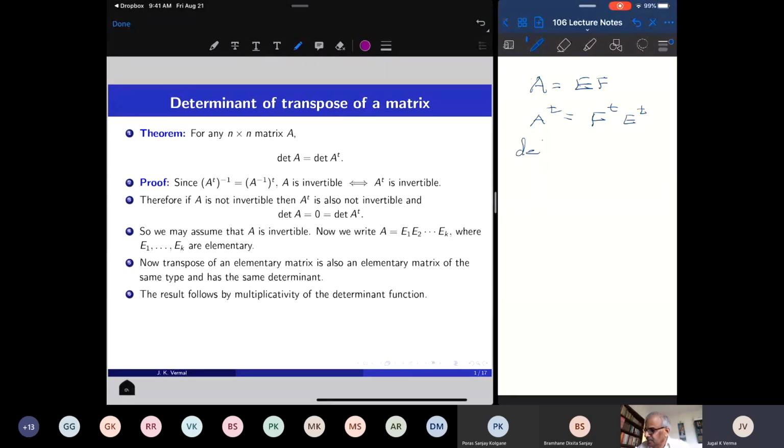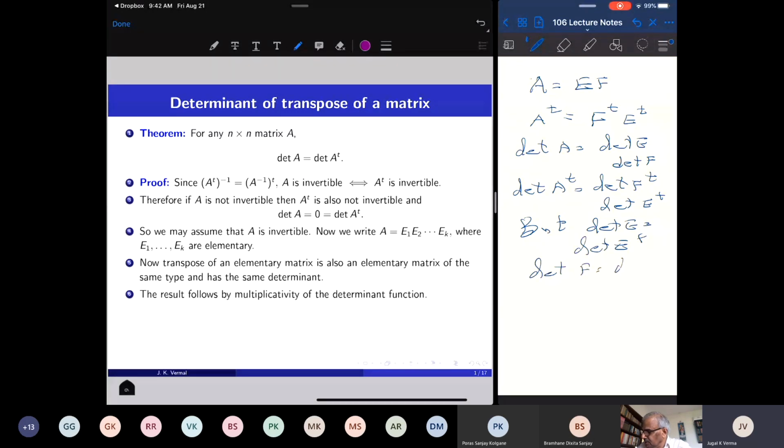So determinant of A is determinant of E times determinant of F. Determinant of A transpose is determinant of F transpose times determinant of E transpose. But the formula is true for elementary matrices. Determinant of E is determinant of E transpose, and determinant of F is determinant of F transpose, and so that implies that determinant of A is determinant of A transpose.